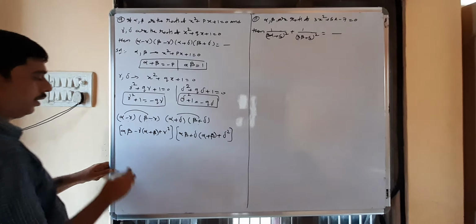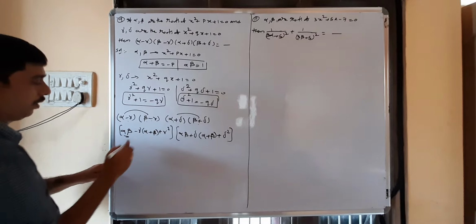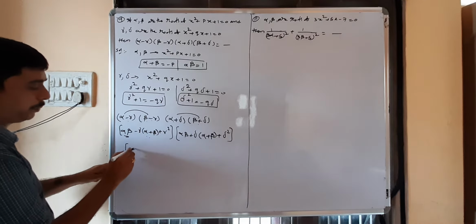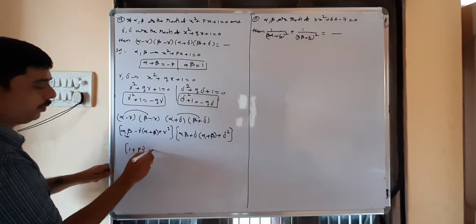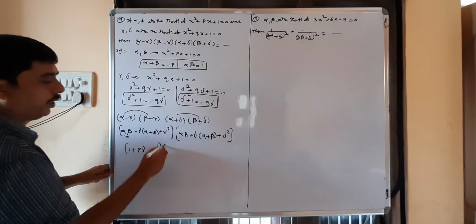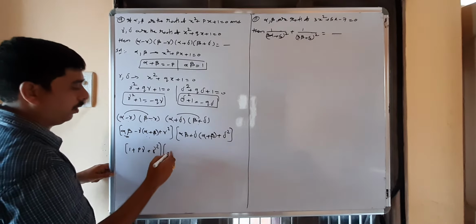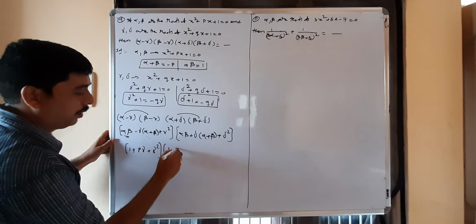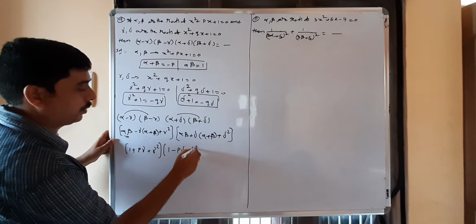Now coming to that, alpha beta I have 1, alpha plus beta is minus p, minus into minus plus p gamma plus gamma square. Next, alpha beta I have 1, alpha plus beta is minus p, minus into minus p delta plus delta square.